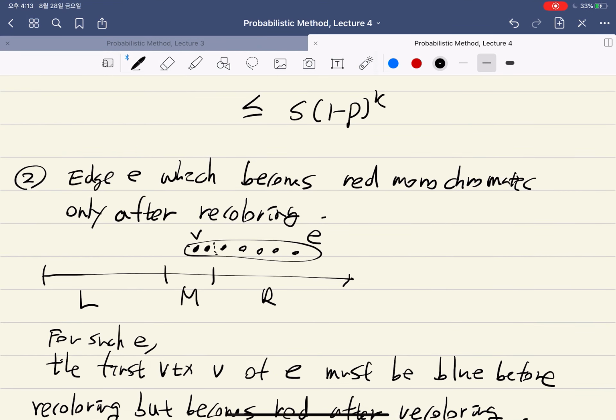So this becomes red after recoloring means that before recoloring there was a blue monochromatic edge F which contains v as its last vertex. But in E, v is the first one, and in F, v is the last one. So they must intersect at one point only.